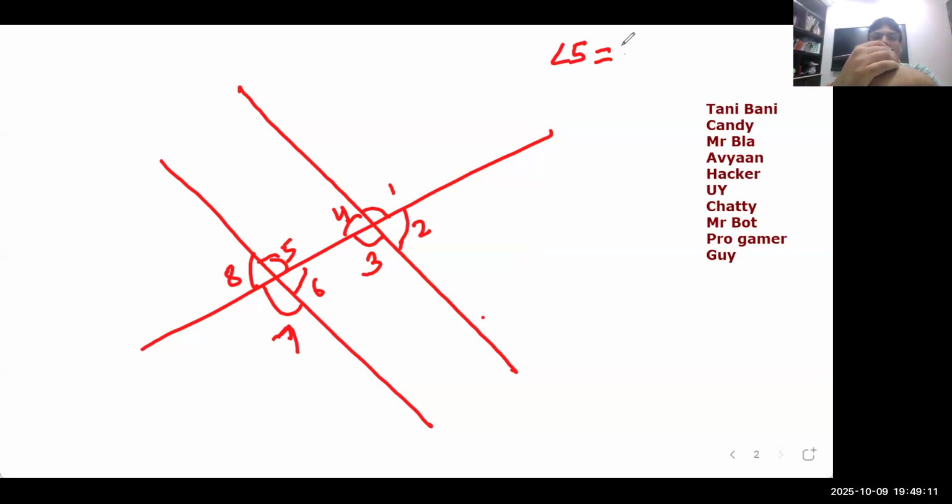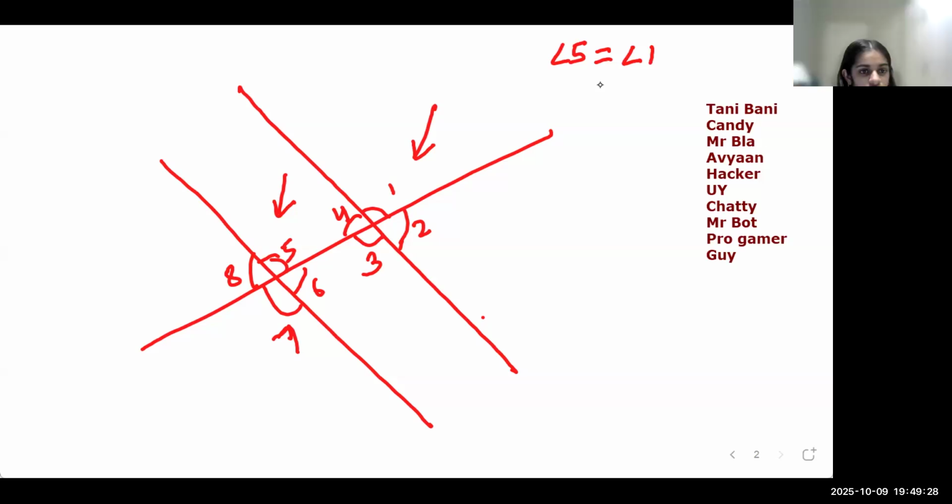Not corresponding. Sorry, sir, 5 and 1. 5 and 1 are corresponding. Both are above the parallel line and on the same side. Hacker, tell me one pair of alternate interior angles. 4 and 6 are alternate interior. Okay.